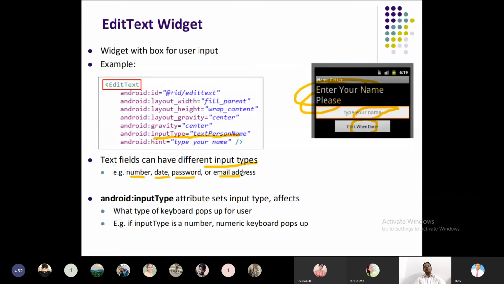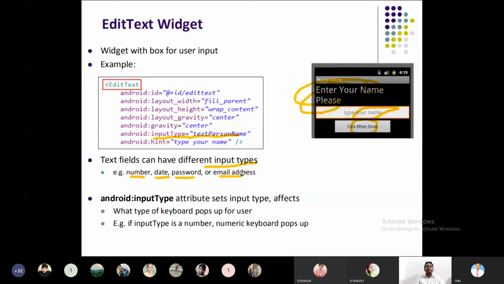You can simply specify the input type, and based upon that, the EditText will work. Text person name means it will accept only a person name. Number means it will accept only a number. Date means it will accept only a date. Otherwise, it will not allow it.